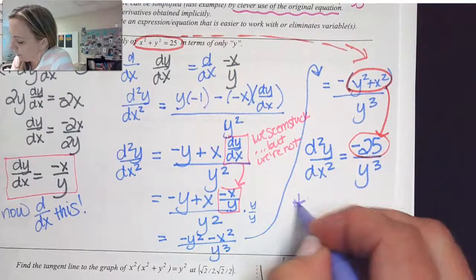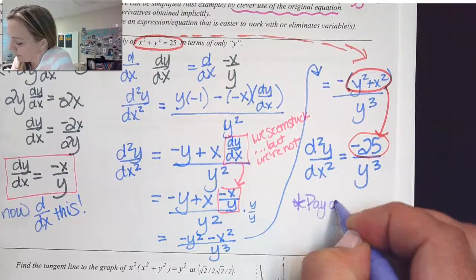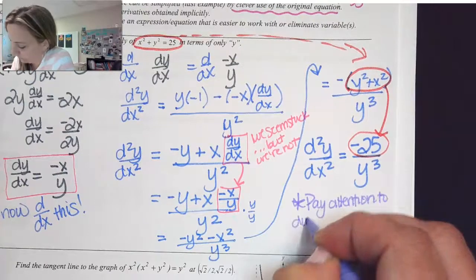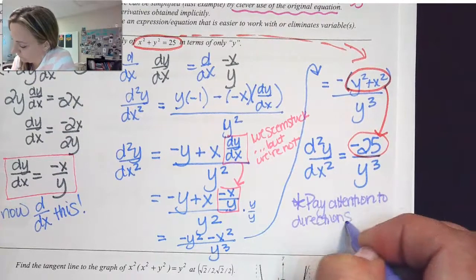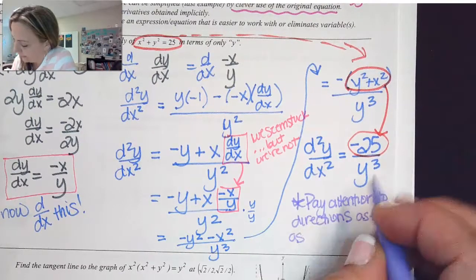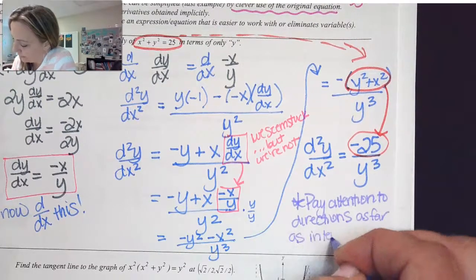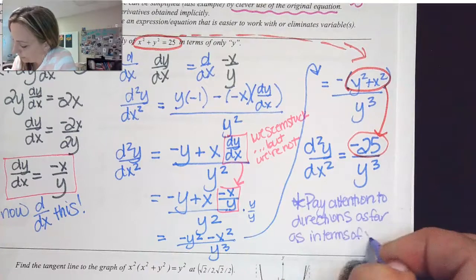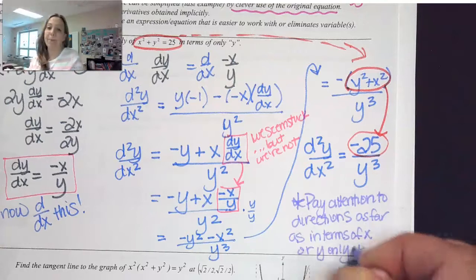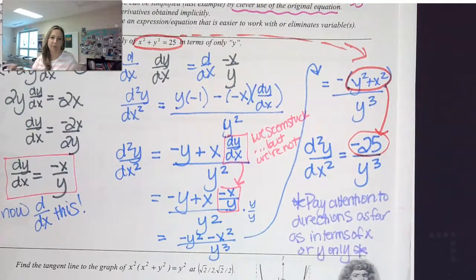So pay attention to directions, as far as in terms of x or y only, okay? So if your answer doesn't match, then maybe just double check the directions and see if there's something else you can do, okay?